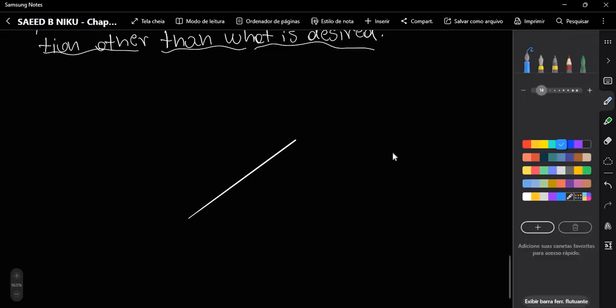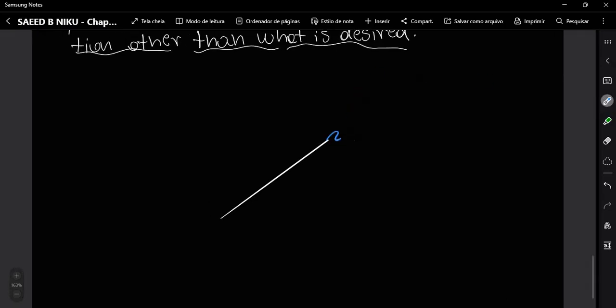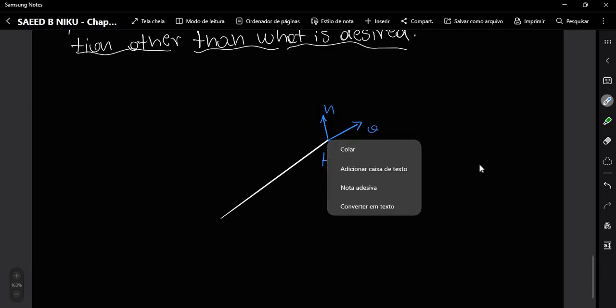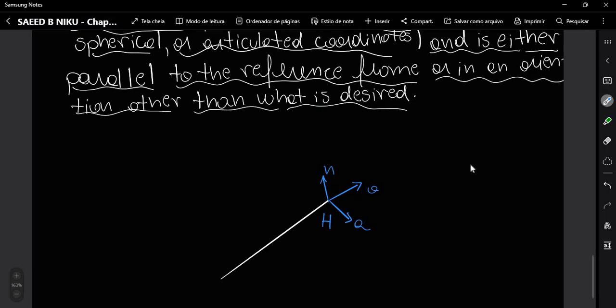Right here we just wanted to draw the moving frame, and usually this moving frame, which is a reference frame, is the frame NOA. So right here is the hand of the robot, and attached to this hand we have this moving frame.